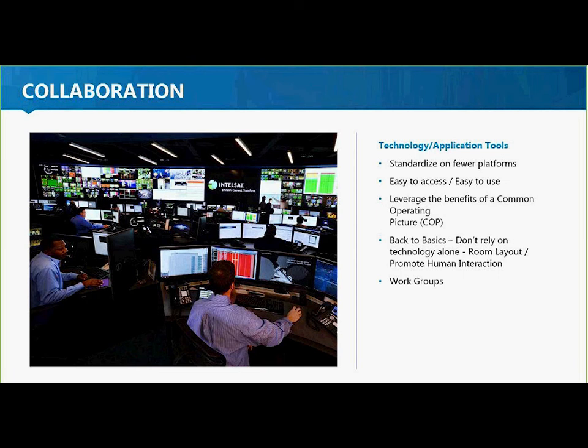A third way would be leverage the benefits of a common operating picture. As you can see in this particular photograph of a project that we did, in the background you see a massive video wall. Well, that's what is commonly known as a common operating picture. But a common operating picture isn't necessarily just the video wall.